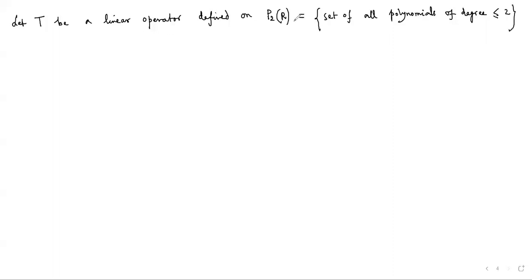This is P2R. And this linear operator is defined on P2R by this operation: D of f(x) is d/dx of f(x). This is a very well-known operator, and we have probably worked on this.